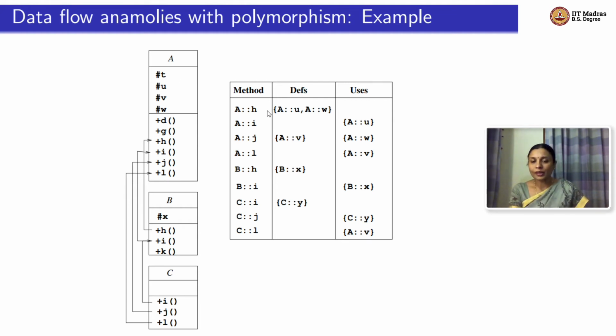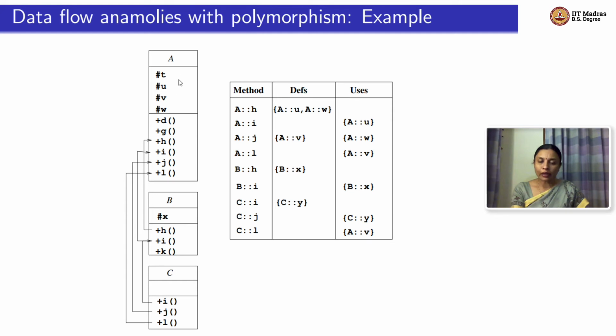It so happens that in some piece of code, the method H of class A defines the variables U and W. And the method I of class A uses the variable U. Similarly, the method J of class A defines variable V, and the same method J of class A uses variable W. Method L of class A uses the variable V. Method H of class B defines variable X, and so on.